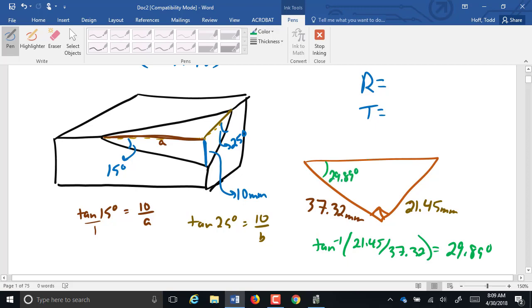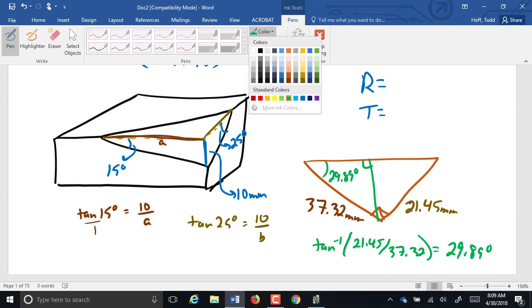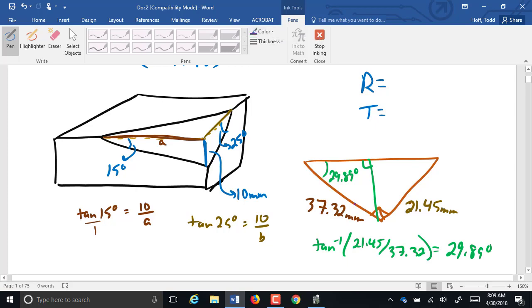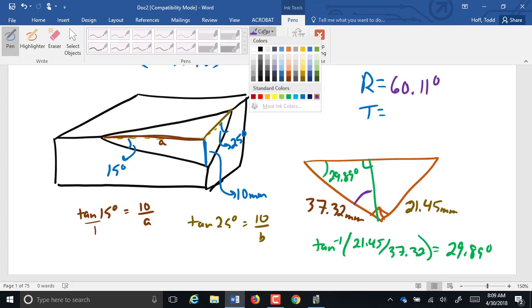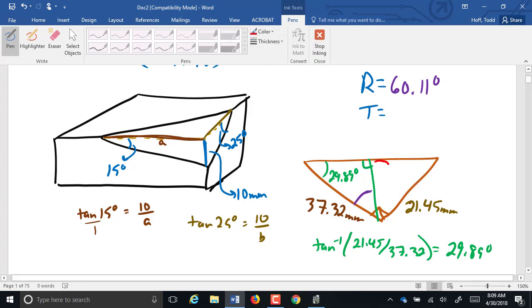So that means I draw that in at a right angle. Our angle of rotation right here is 60.11 degrees, correct? We need this length here.